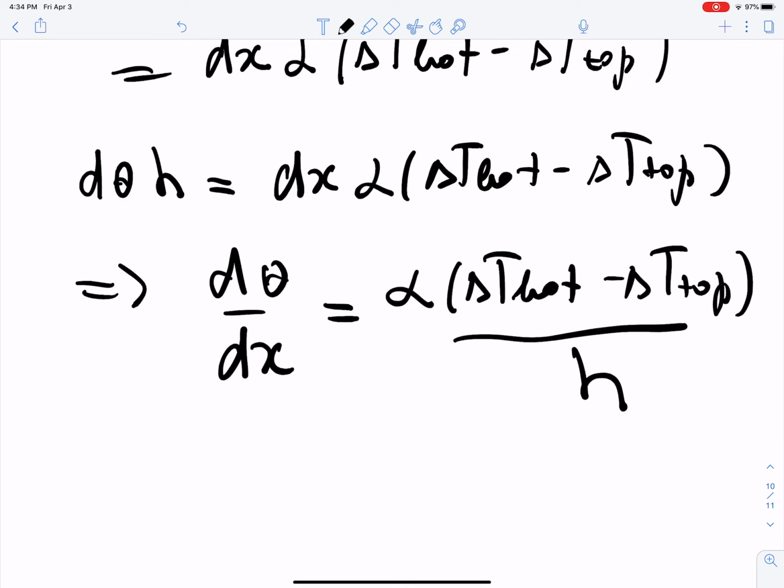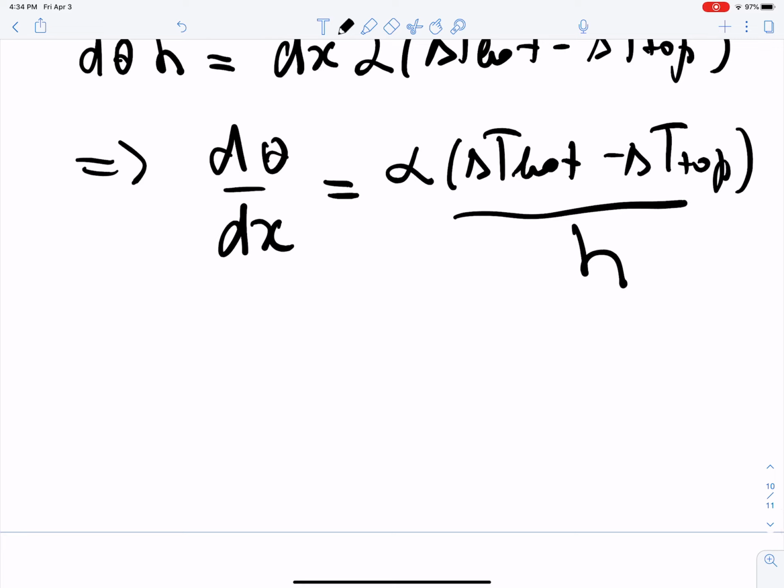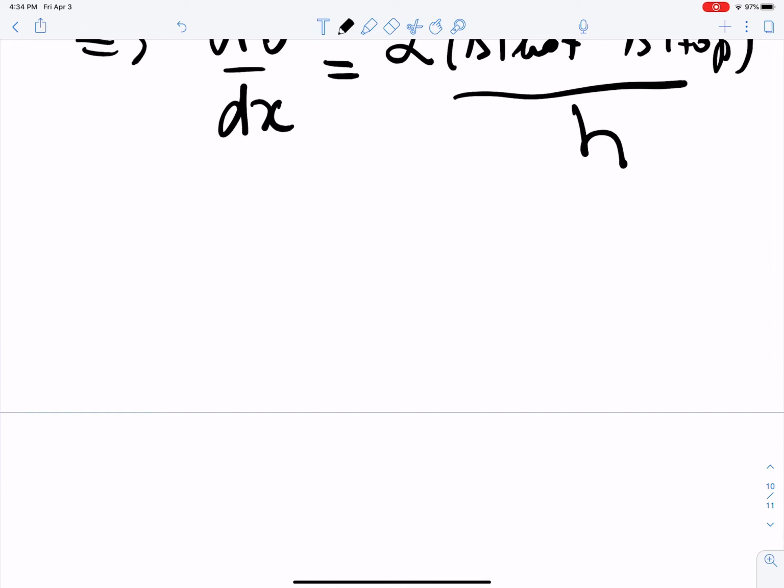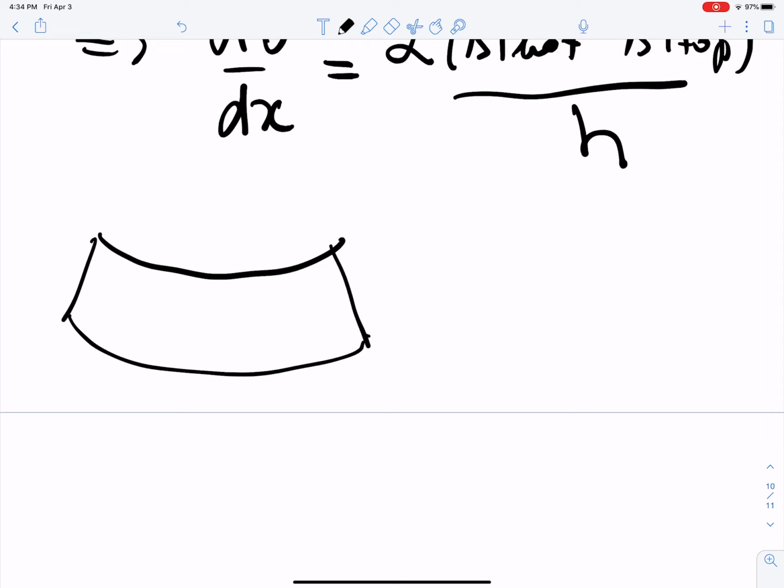So what's the significance of this relationship? Locally I develop some curvature, and then I go from here to there.